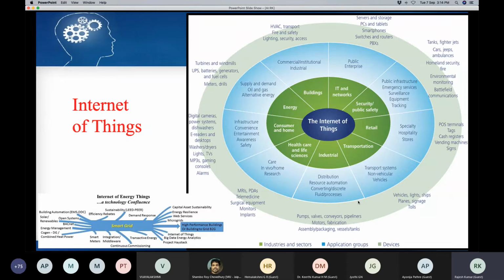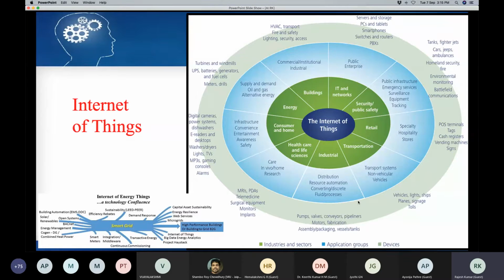You can see the applications: IT networks, security, retail, transportation, industrial, healthcare, consumer, energy, and then you can see the subsections there. A lot of applications are there. If I talk about transportation, we can say transportation system, non vehicular, and then vehicles, lights, ships, planes, and a lot of those applications are there.